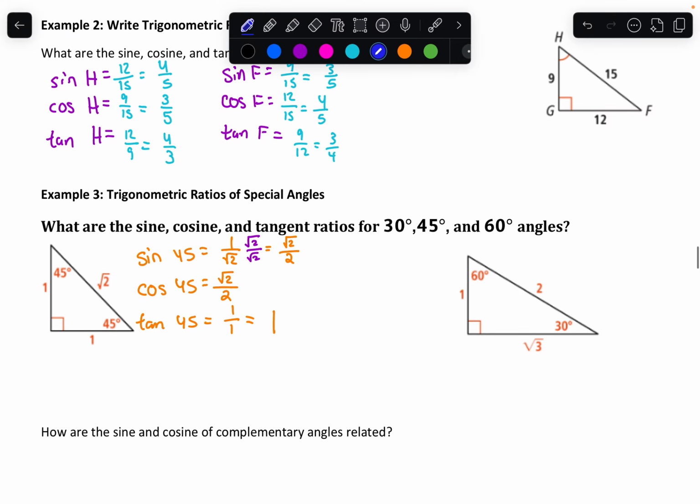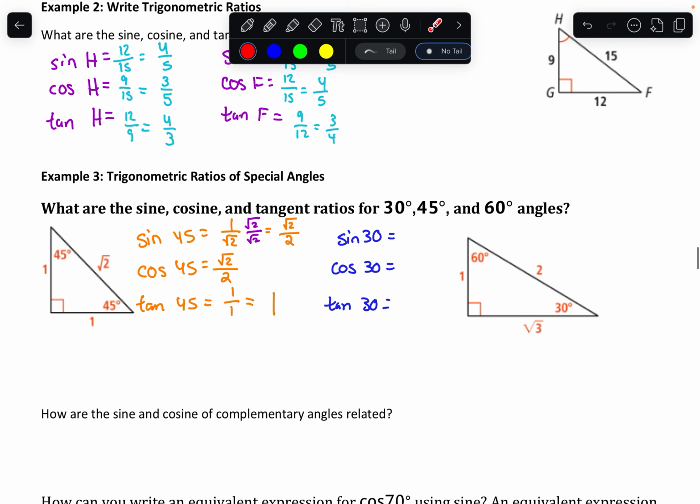We can also find those same values for 30 degrees and 60 degrees. So sine of 30, cosine of 30, and tangent of 30. And we'll use this triangle that's got our placeholder values for the side lengths. So if I'm standing on the 30, opposite over hypotenuse is just 1/2.